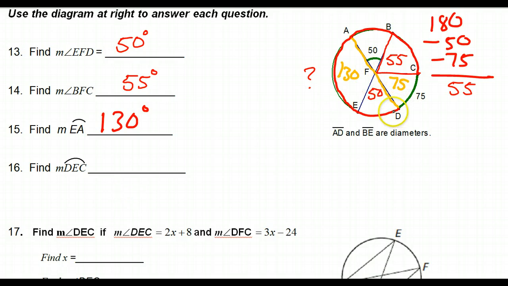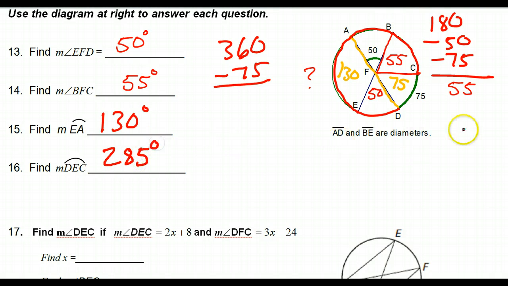So the quickest thing to do would be to recognize that this red part of the circle is everything except for the green arc 75. So the quickest thing to do is to subtract from 360. So if I do 360 minus that 75, that should be everything else, the rest of the circle. So that's going to be 285 degrees.